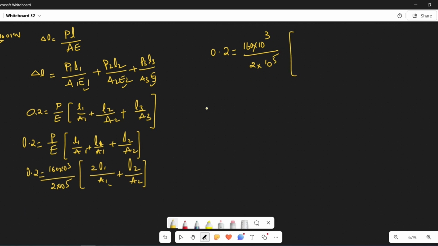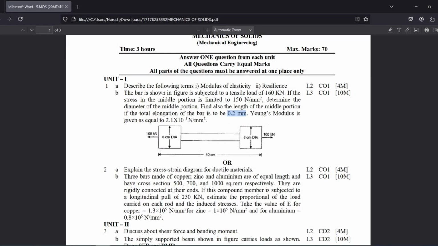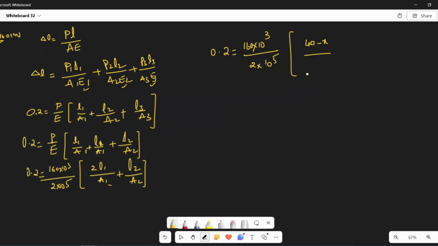And by the way, L1 is 40 minus x, and the area of each end is pi by 4 into 36.